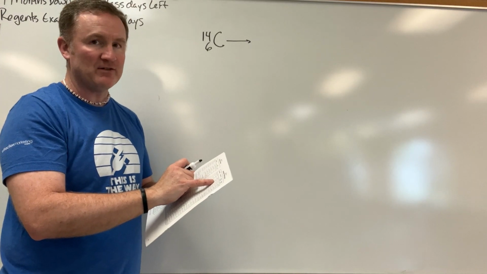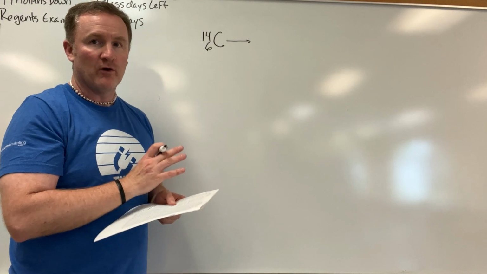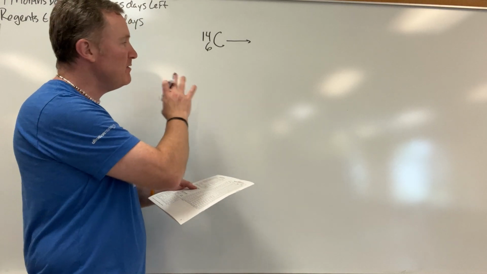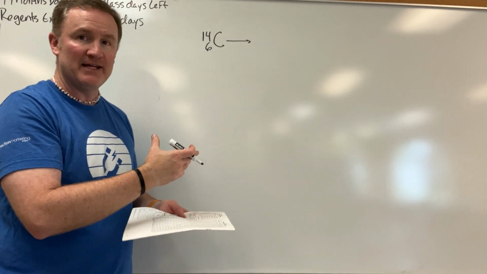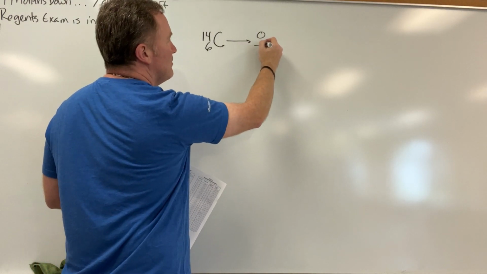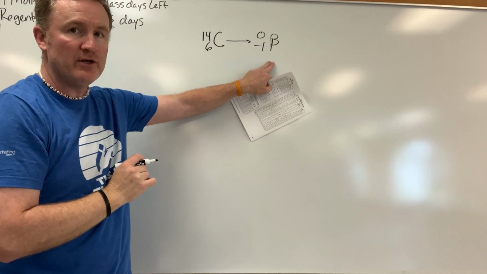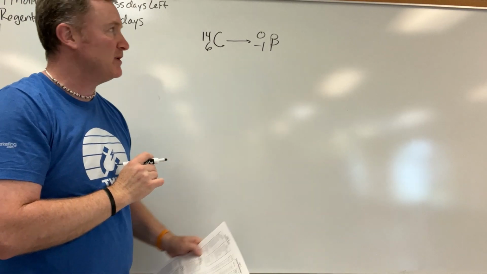It takes 5,715 years, almost 6,000 years, for half of the amount of carbon-14 to decay. So carbon-14 is not always shooting out particles, but over time it is. And when it does, it shoots out a beta particle. So 0/-1, and then you could use either the B or you could use the letter E. Either or, the lowercase e would work according to table O.